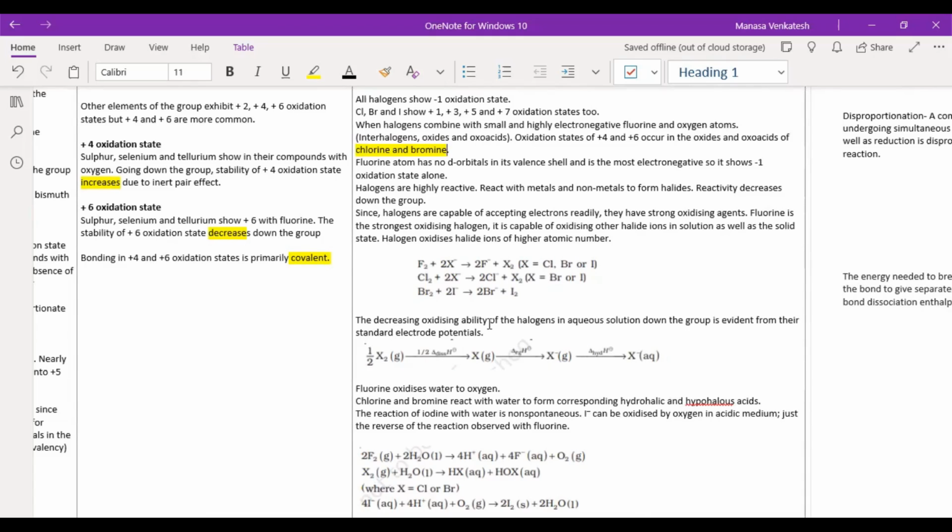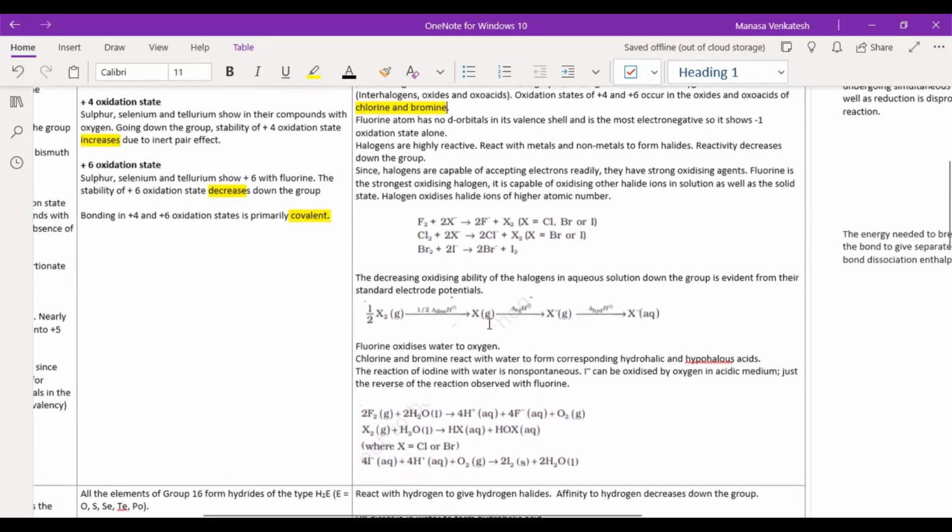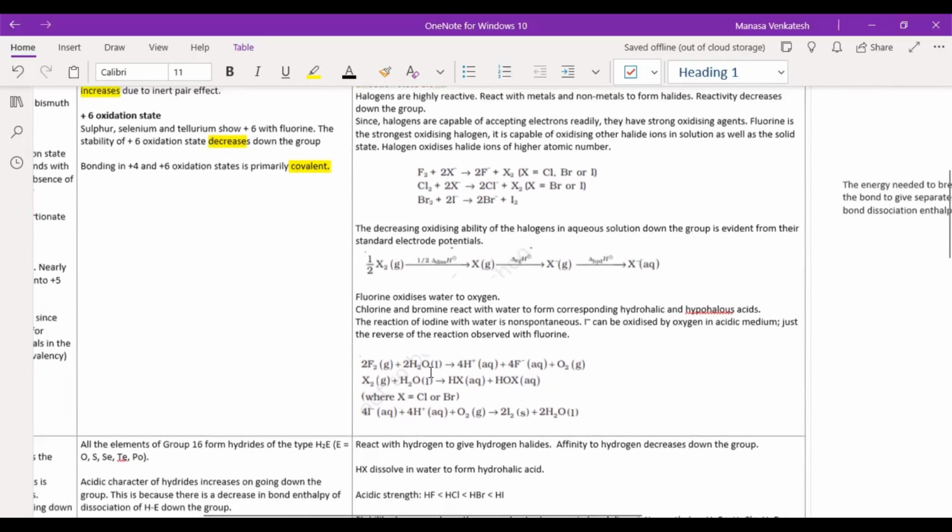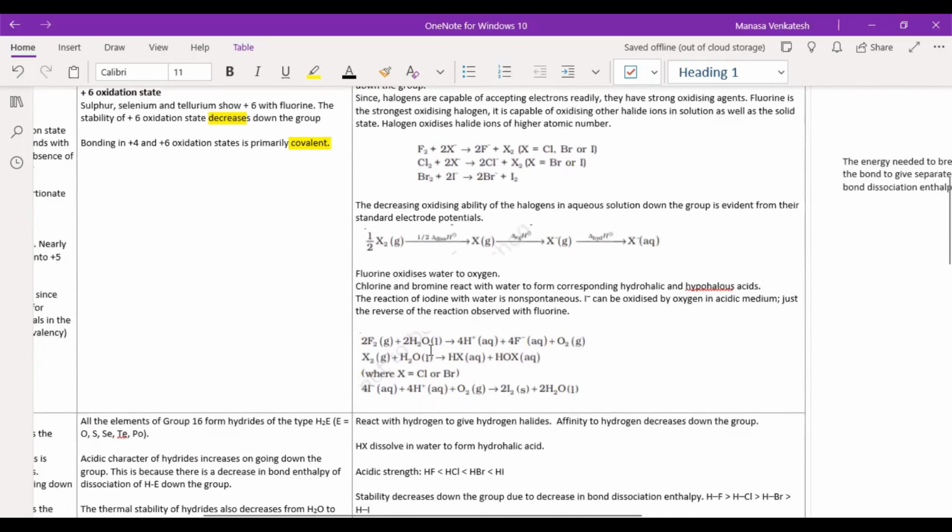If you notice the table given, you can see that the electrode potential is varying as we go down the group. Now, actually, fluorine is able to oxidize water to give us a separate oxygen molecule.